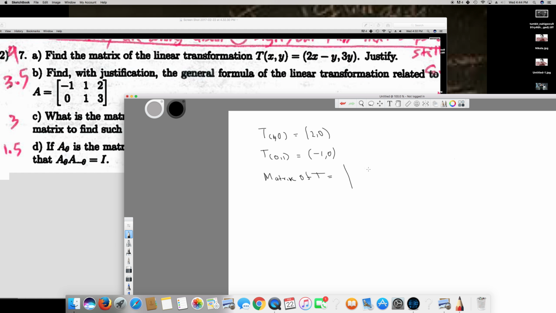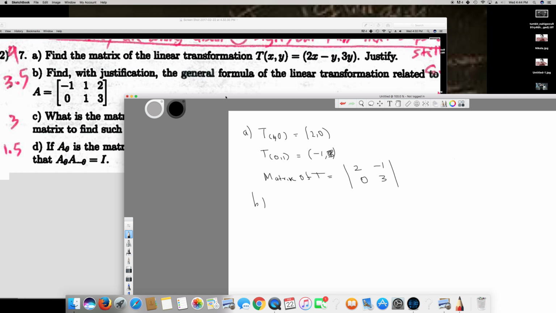I have to write the x values in the same component, so 2 and minus 1 are going to be the x values, and 0 3 is going to be my, this is 3, right? This is 3 because when I multiply 1 by this negative y and this is 3, it's going to be negative 1 3, therefore it's this 0 3. This is my final answer for question A.